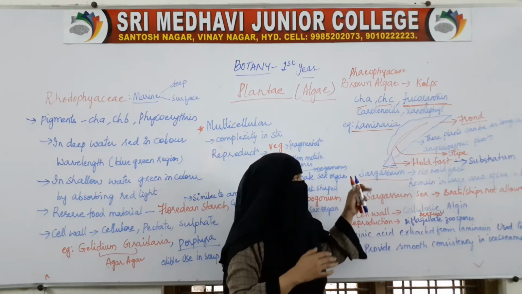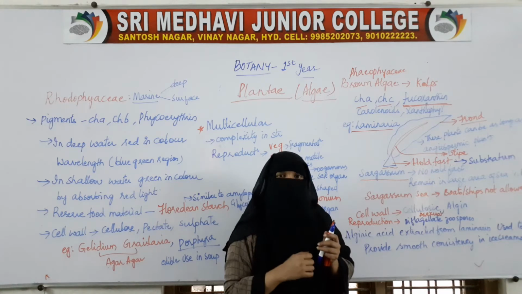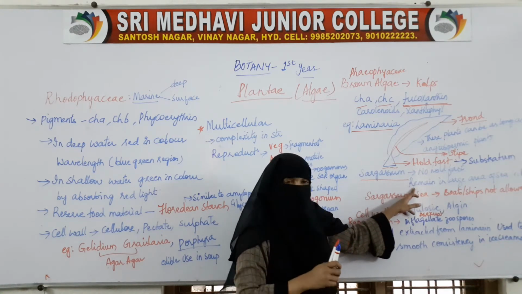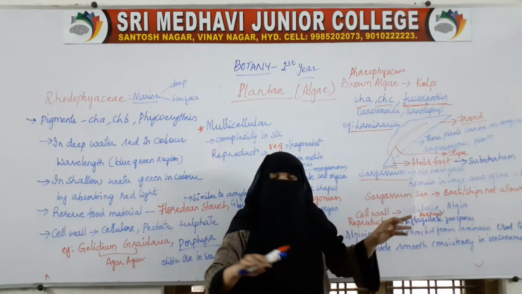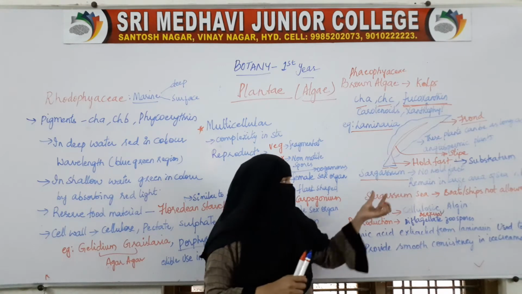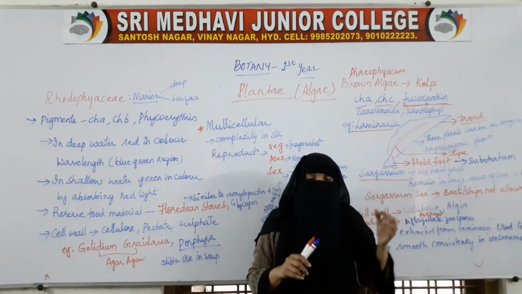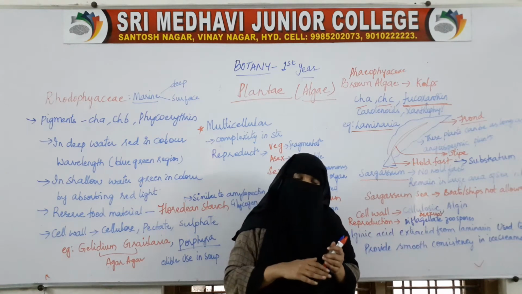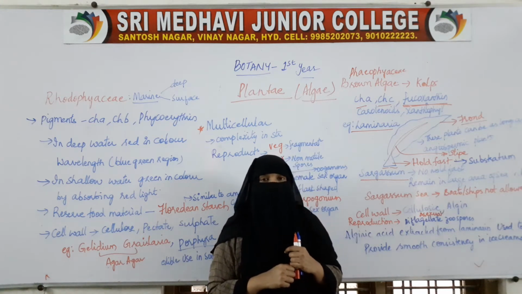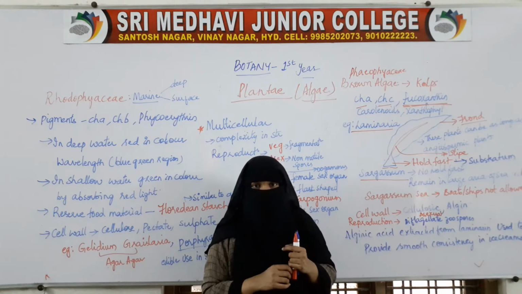Sargassum has big leaf like structures and they are spread on the sea over a large area, hectares of area. They don't have a holdfast, they float on the sea water and occupy a very large area. All green leaf like structures will be seen.